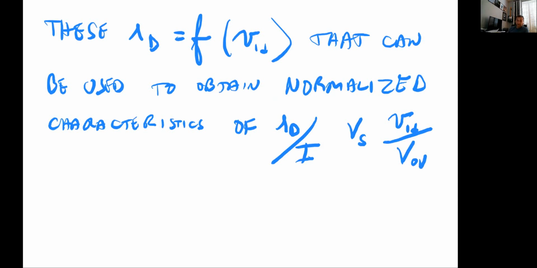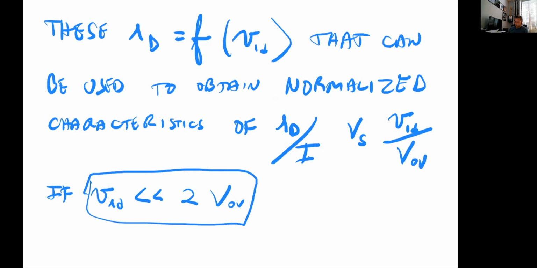For example, if I have a very small differential input voltage, say much smaller than twice the overdrive voltage, then if you go back to the equations, some terms can be ignored or drop off. So if I have that situation, I have this.